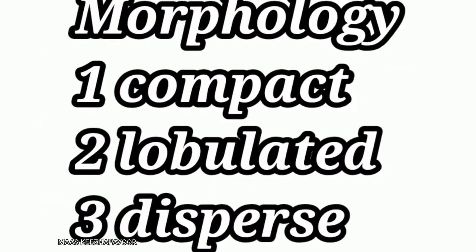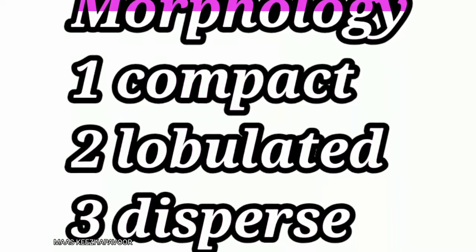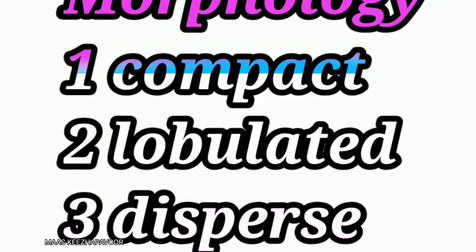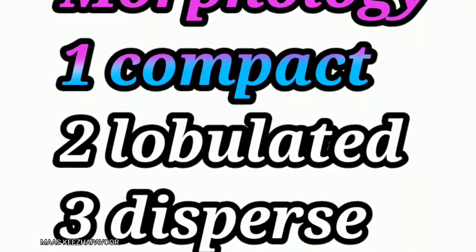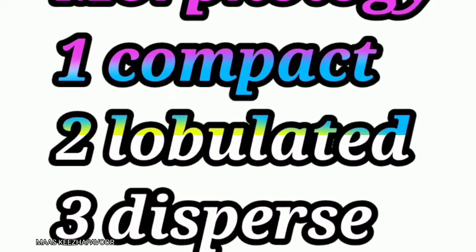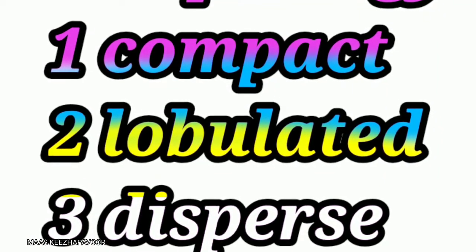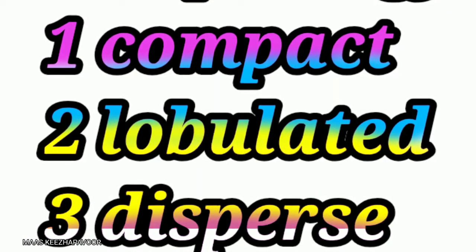Morphologically, it is seen as a yellowish brown oval ganglion. It may appear in three different types. One is compact type, that is classic ganglionic shape, and this is the most common type.